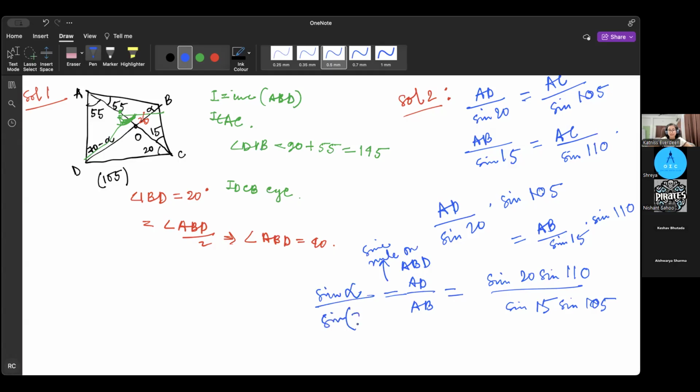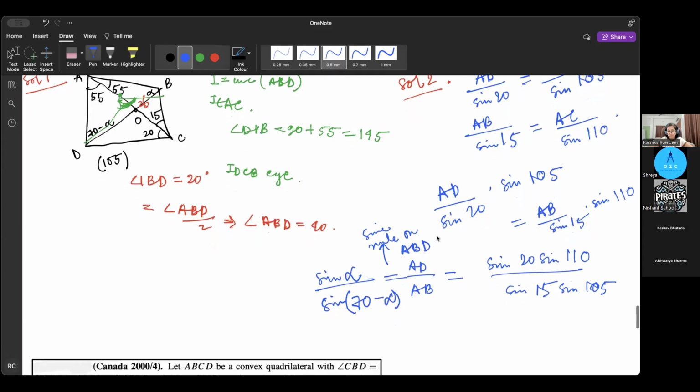Yes, exactly. So do you have any ideas how we can move forward from this? Sine 110 is like sine 180 minus 70, so it's still sine 70, right? Yes. Can't you just brute force this? Yes, we have to brute force this.